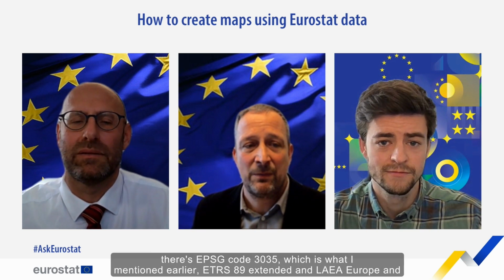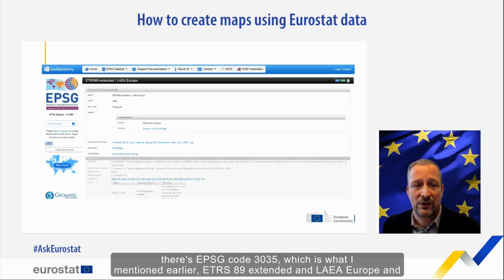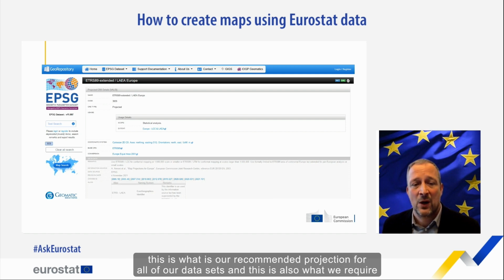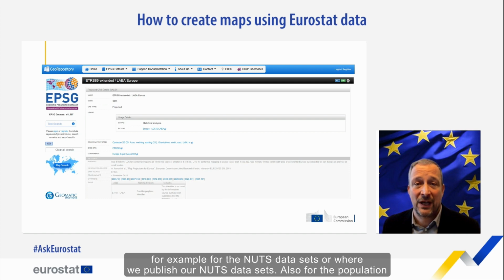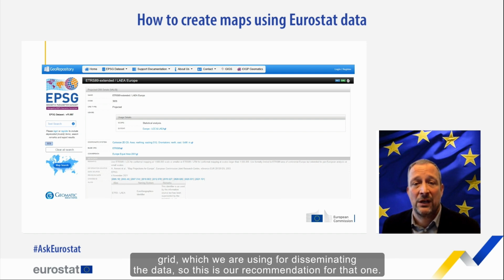So, for example, there's EPSG code 3035, which is what I mentioned early on, ETRS89 extended, LAEA Europe. And this is our recommended projection for all of our datasets. This is also what we require, for example, for the NUTS datasets, where we publish our NUTS datasets, and also for the population grid, which we are using for disseminating the data. So this is our recommendation.